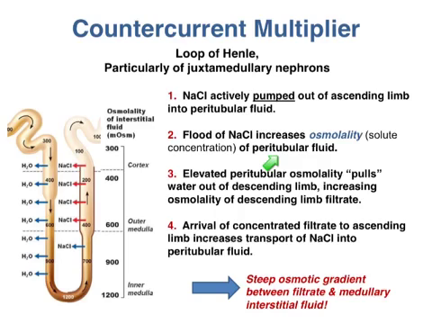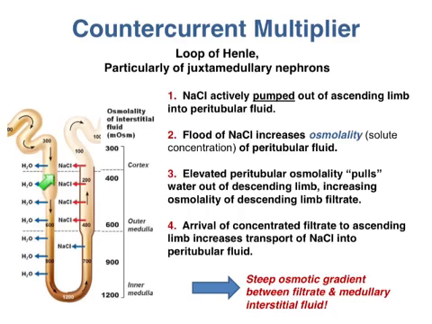Now, since the descending limb is permeable to water, and it's right next to the ascending limb, water gets drawn out of the descending limb through osmosis. Okay, water can't come out of this part because this part of the loop of Henle is impermeable to water.